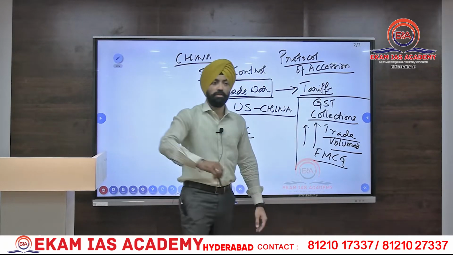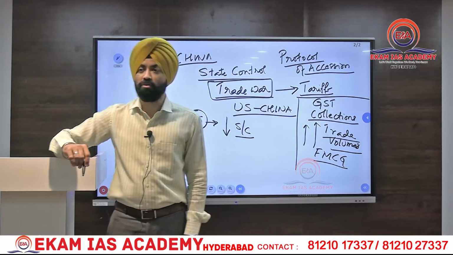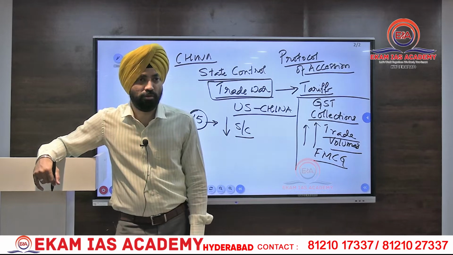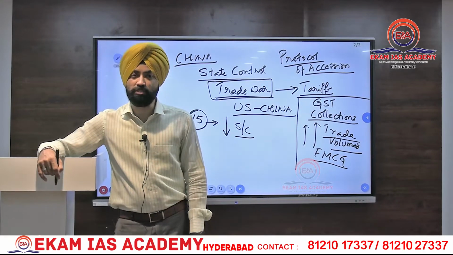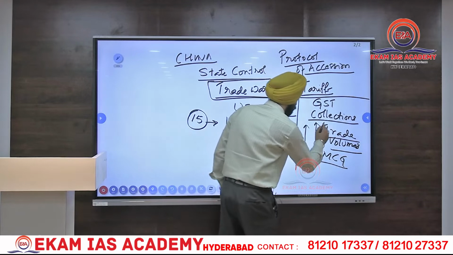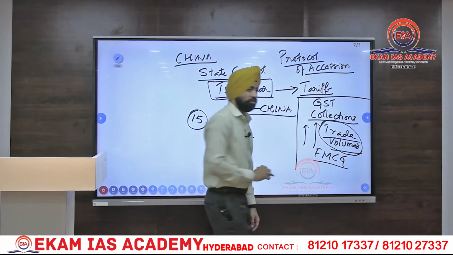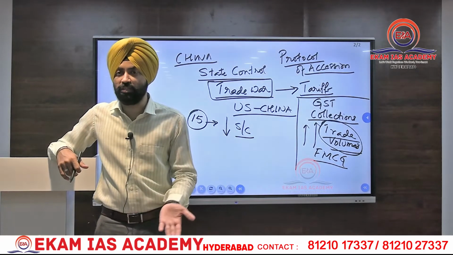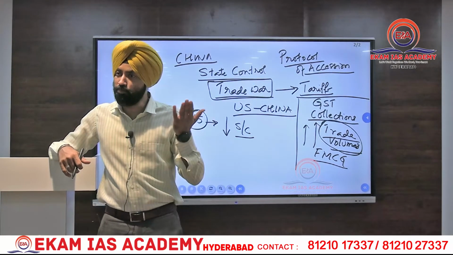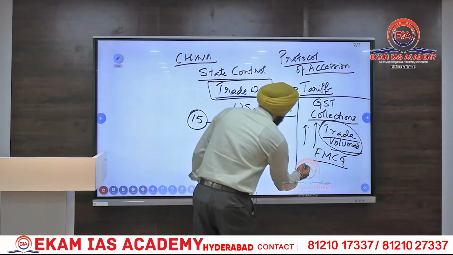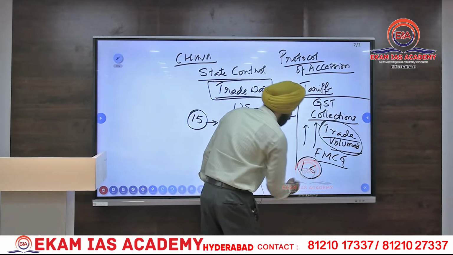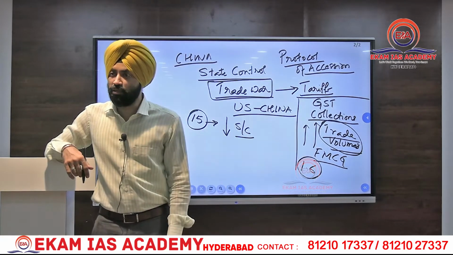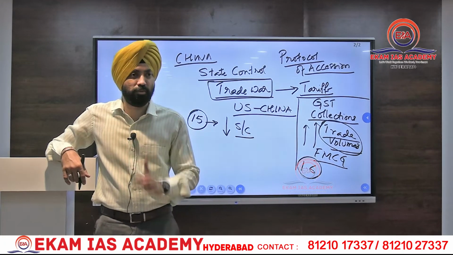What is FMCG? Come on, you are writing prelims after 20 days. Fast moving consumer goods. These come under the ambit of GST. That is the reason why the GST collections have gone up drastically, and in the month of April the GST collection crossed 1.6 lakh crores alone.